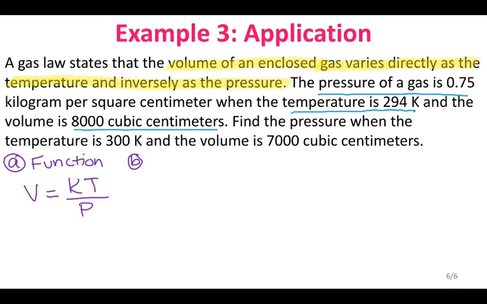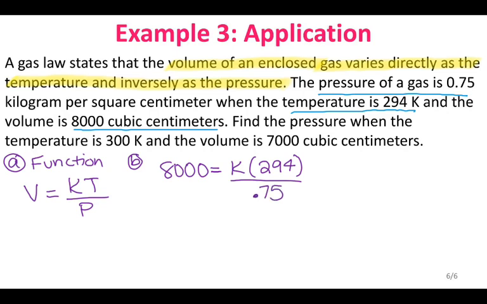So it'll give you all of the information that you need to plug into all of the variables except for K, because that's what we need to solve for. So my volume was 8,000. The temperature was 294. And the pressure was 0.75.